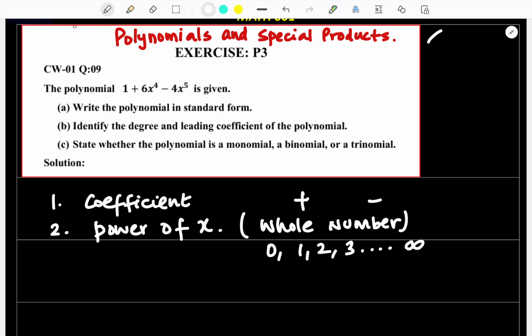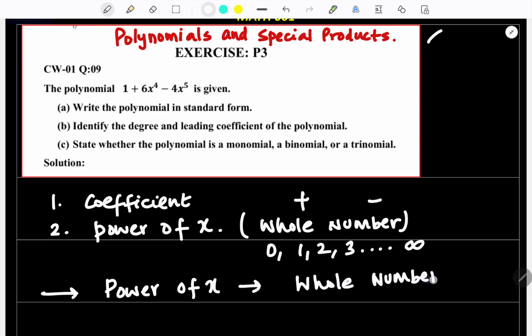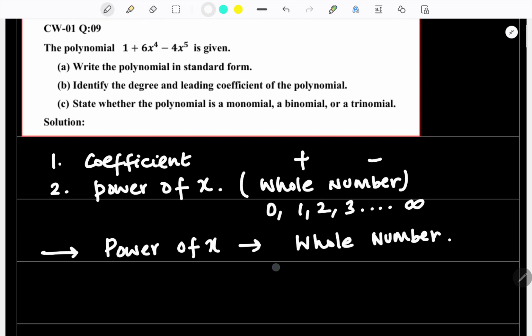Again, I'll tell you in short. What is a polynomial? Polynomial means the power of x is a whole number. Whole number means 0, 1, 2, 3 and so on. When it is power 0, then it means it is the coefficient. Right.